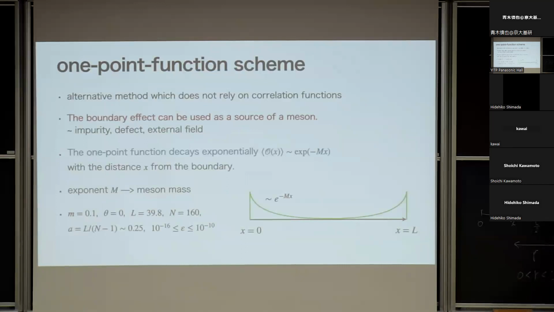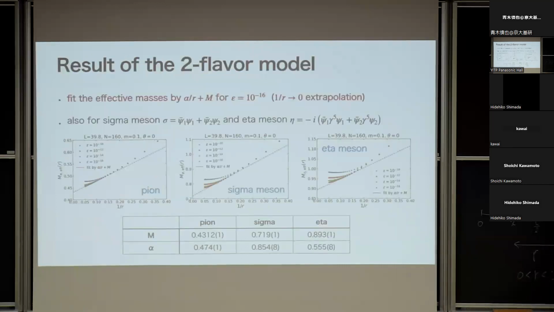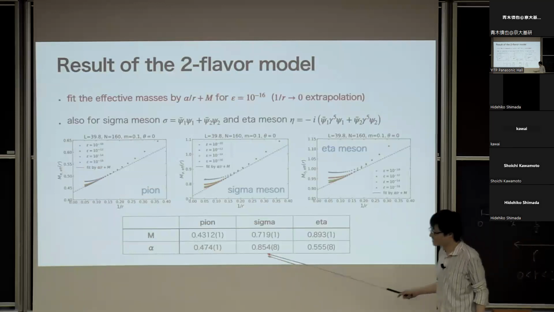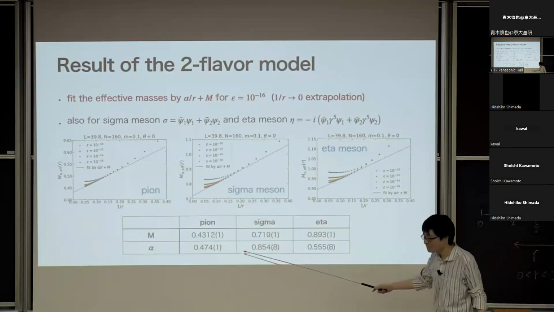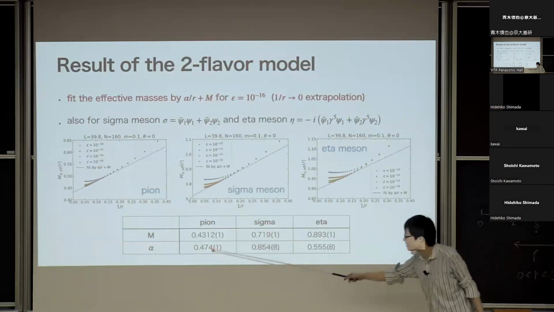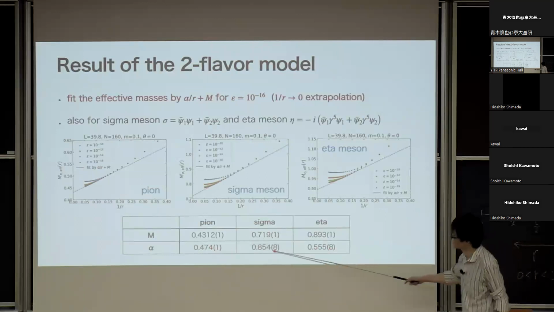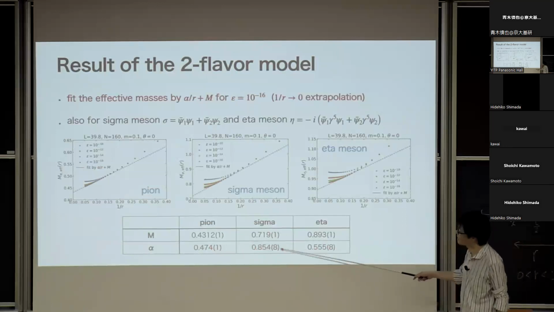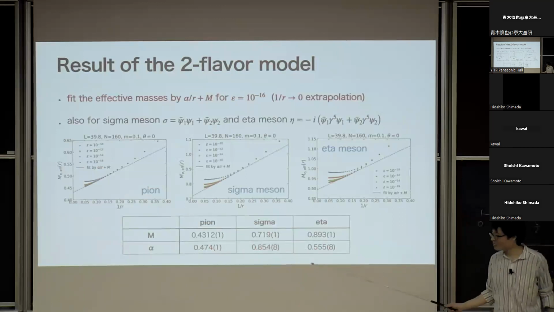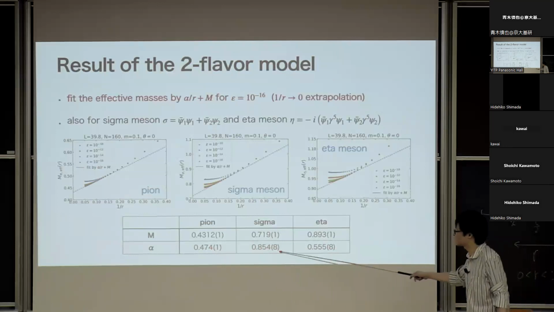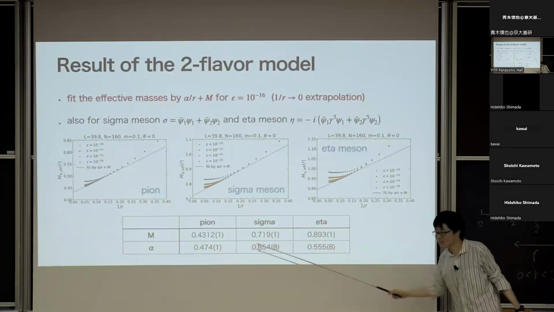Could you go back to the previous slide? Do you have any reason why the alpha for sigma deviates so much from the estimation of free theory, where alpha should be 0.5? Pi and eta are close to 0.5, but this one is much larger. Actually, we don't know the exact reason why it's so large compared with the others.